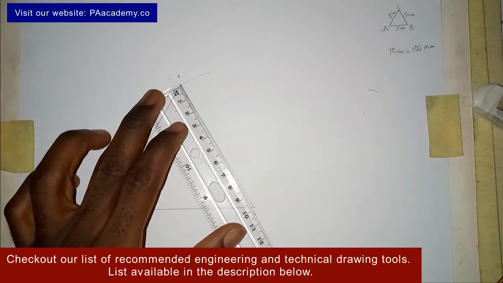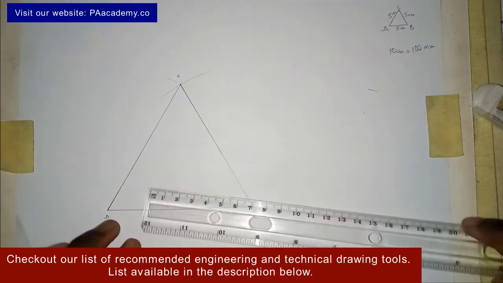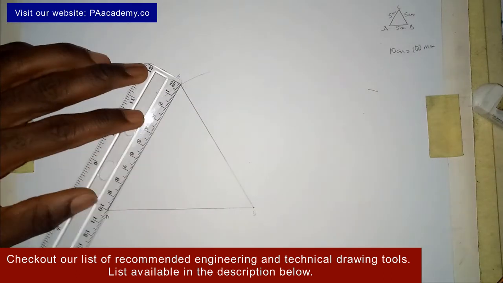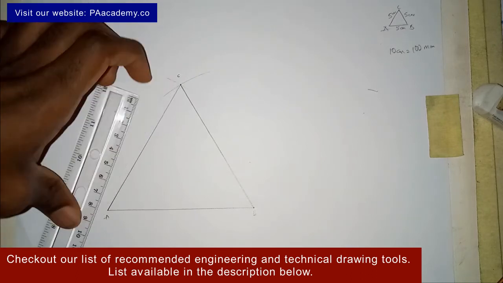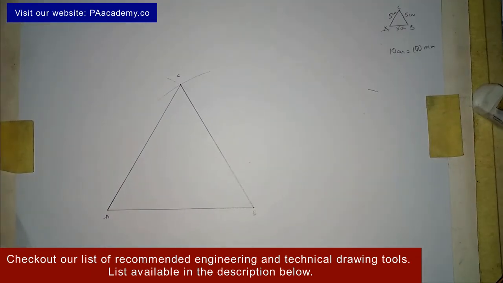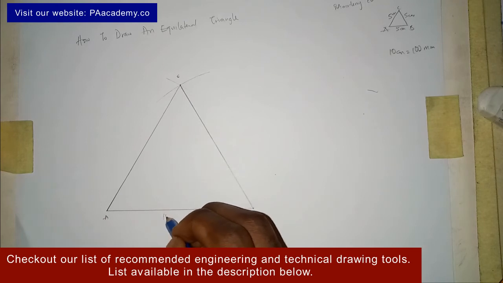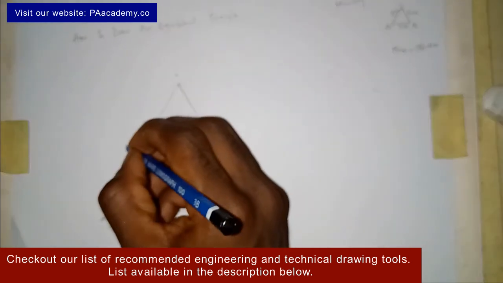If you look at it here, we're having our 10 centimeter, 10 centimeter, and 10 centimeter. So it's a very simple process. This is how you go ahead to draw an equilateral triangle. So let's indicate the length of the side. This is 10 centimeter, 10 centimeter, and then 10 centimeter.